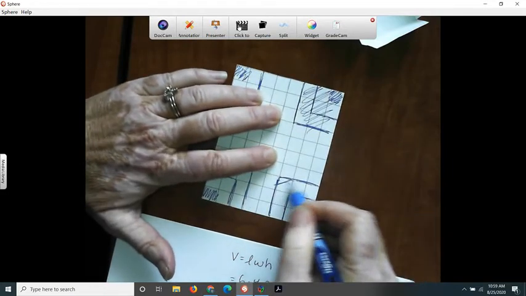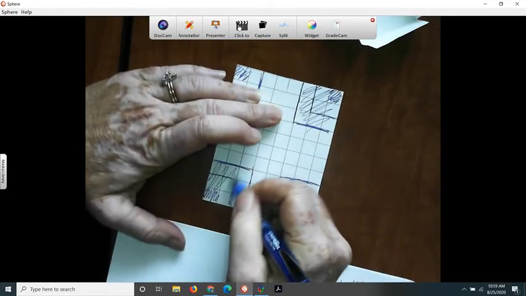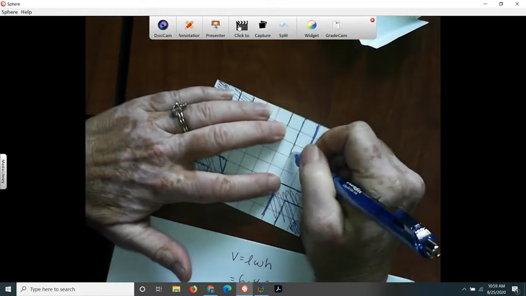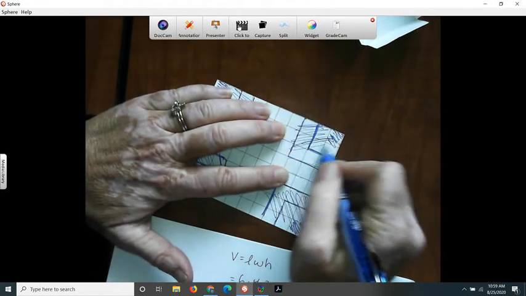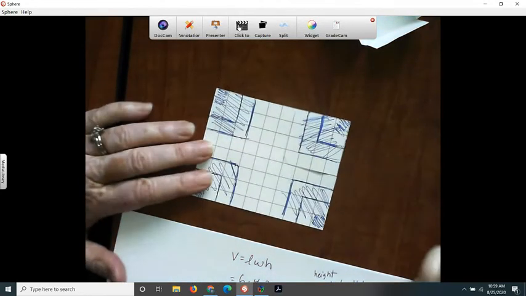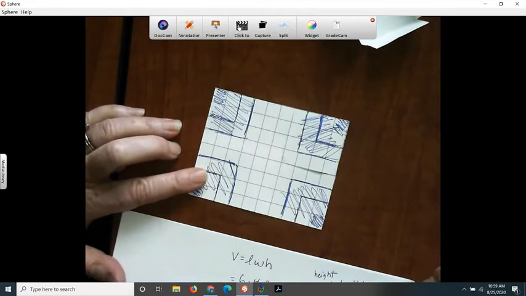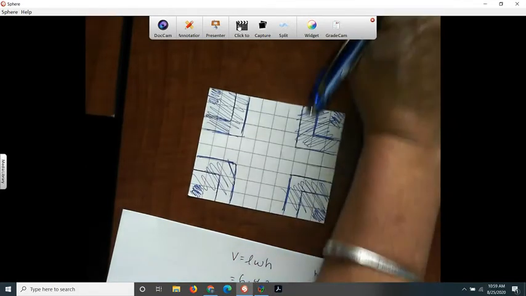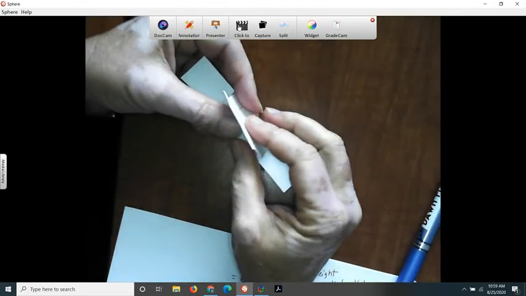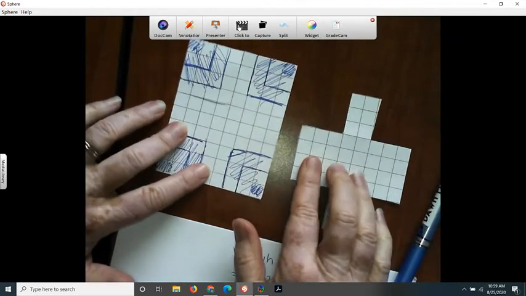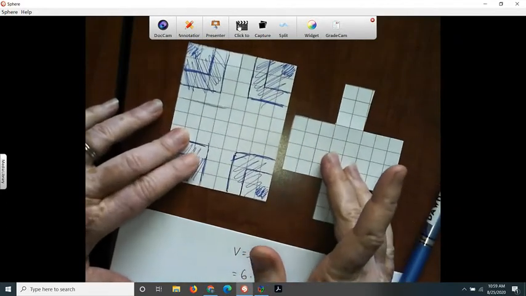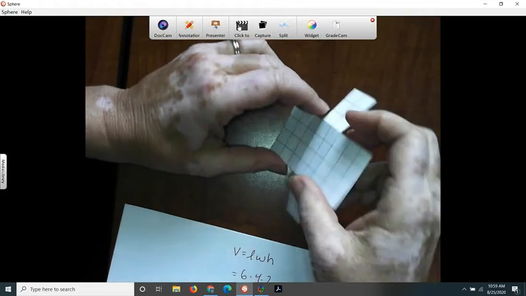So really I'm taking a 3 by 3 square, like 9 little cubes. Okay, and that's going to make my box a lot taller. It's going to make the height of my box 3. Okay, so I'm going to fold it up.